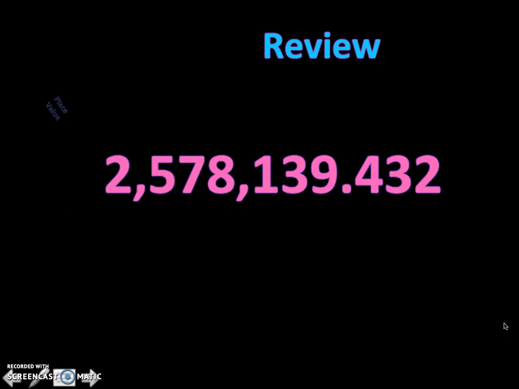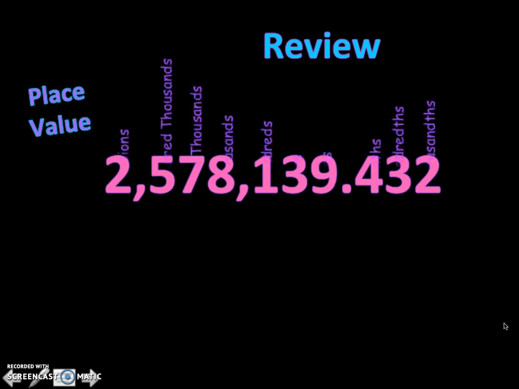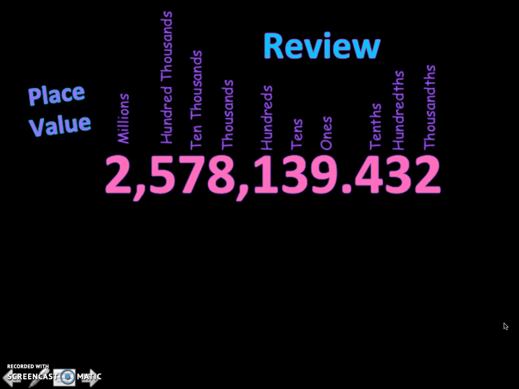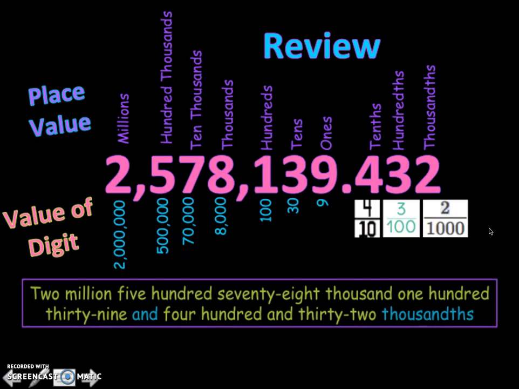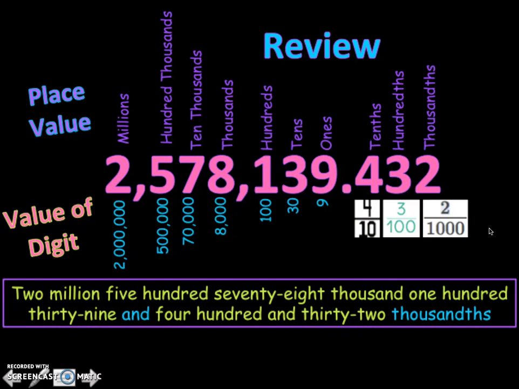So let's review. We've discussed place value, the place in which the digit is held. The place value will help you find the value of the digit, which is the value of the number. After the decimal, we switch over to fractional pieces. In word form and how you say it, 2,578,139 and 432 thousandths.